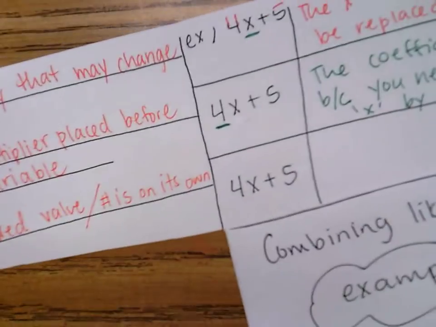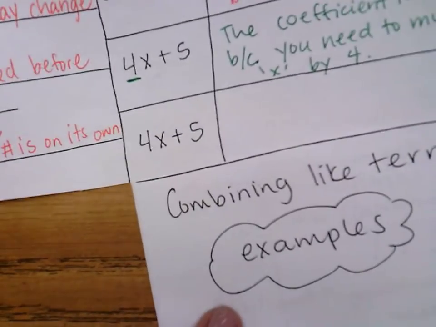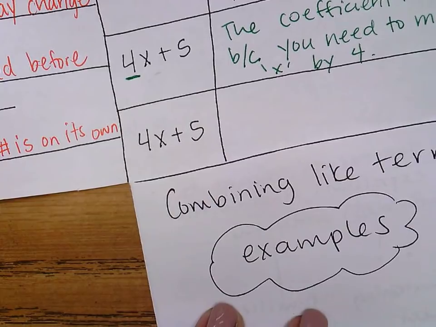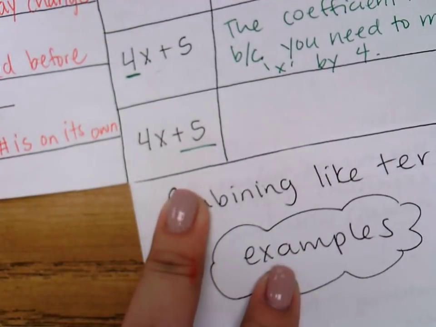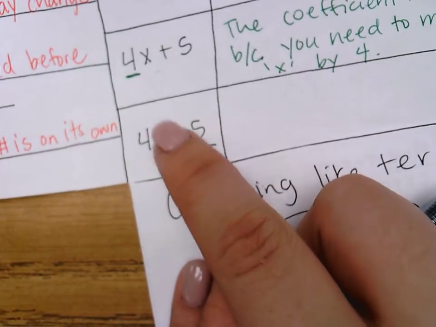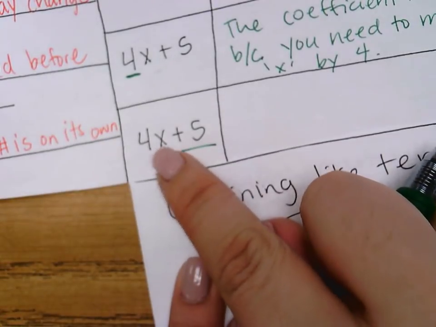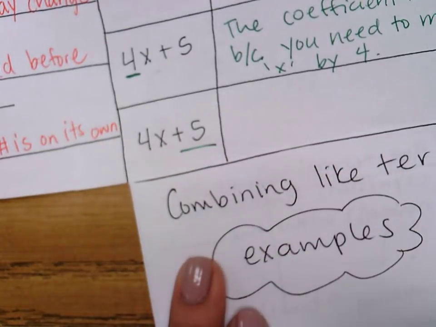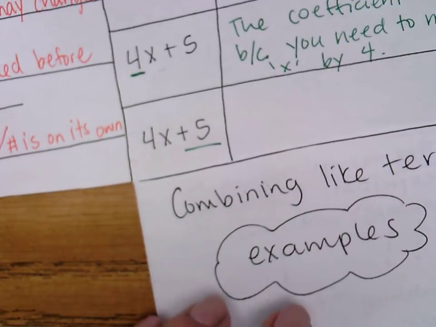And in this problem, the constant, I hope you are able to tell me, is the 5. Now, you need to always include the operation that's before a number. So if this was 4x minus 5, your constant would be negative 5. But this is 4x plus 5, so your constant is just 5.